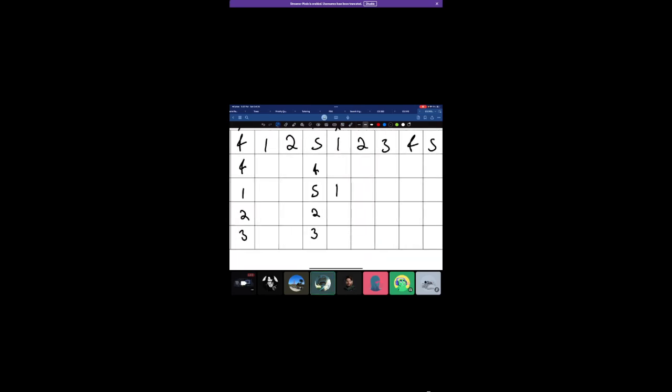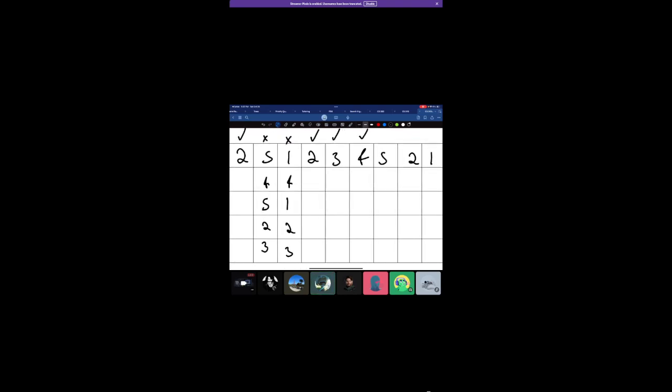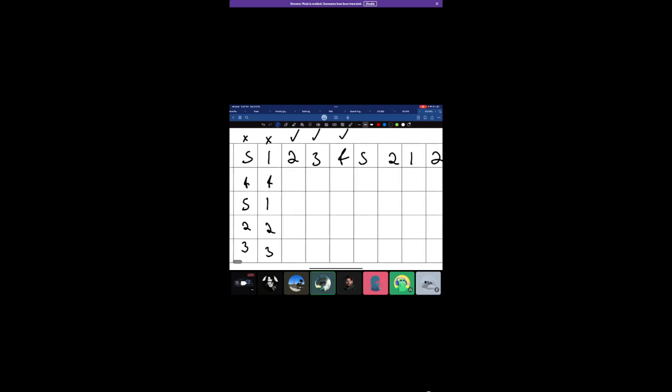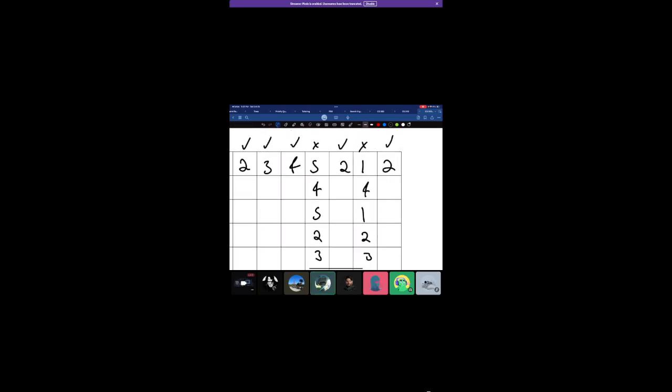So we replace. 4, 2, 3. 2 is in the cache still, hit. 3 is in the cache still, hit. 4 is in the cache still, hit. 5 is not in the cache, so we look at index 1 because 5 mod 4 is 1, and we see index 1 does not contain 5, so we replace. 4, 2, 3. That was a miss. 2 still in there, hits. Same reason again, we're going to replace 1. That's a miss. 4, 2, 3, and 2 still in there, so that's a hit.